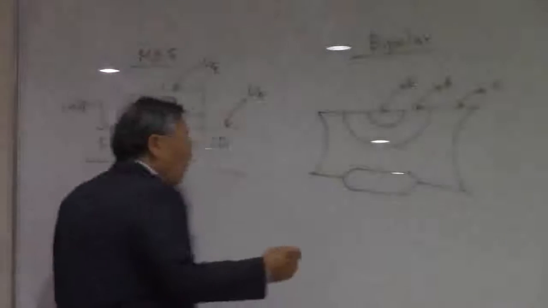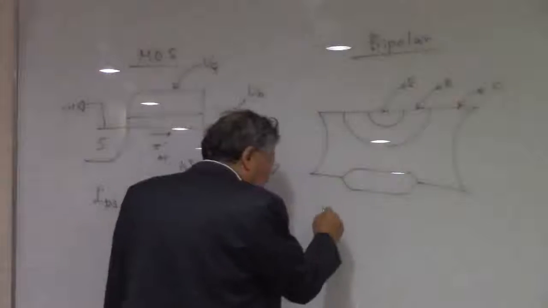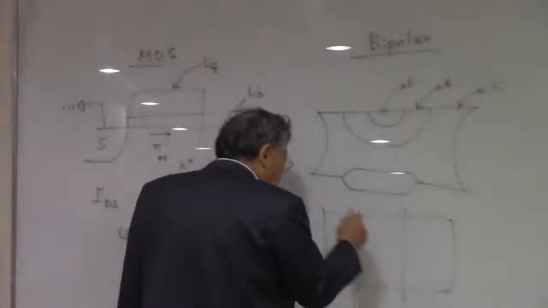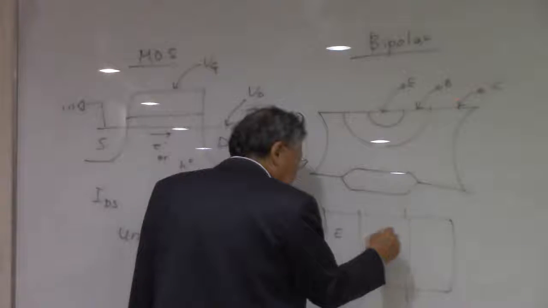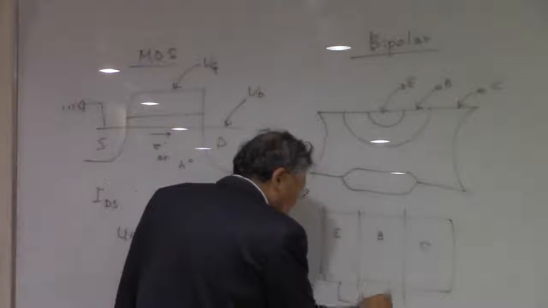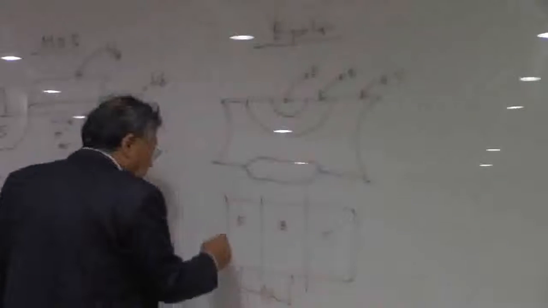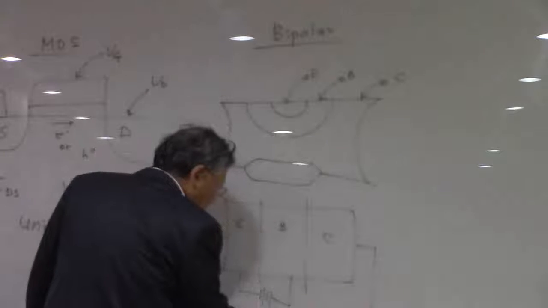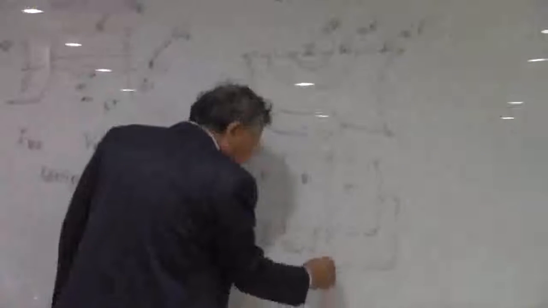And here, in the lateral schematic drawing, we have an emitter, base, collector, and then we apply the voltage here to control the current between the emitter and the collector, and then we apply the voltage between the emitter and the collector like this.